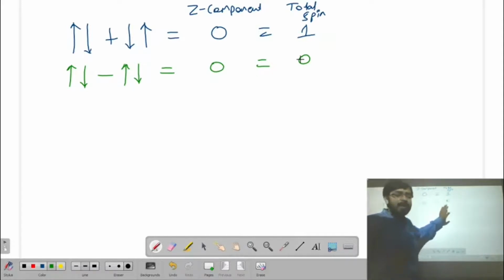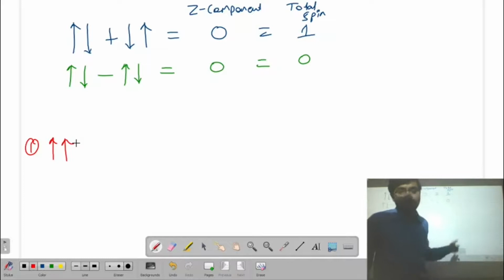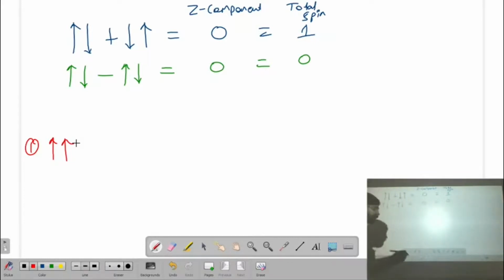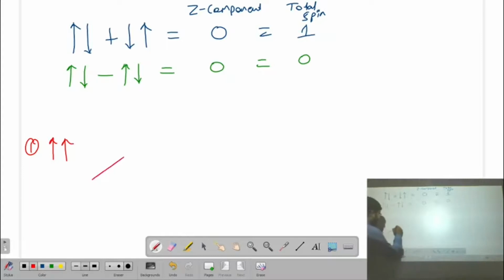Now let us take an example where both the electrons have the same spin. In that case, the vector addition will be something like this.